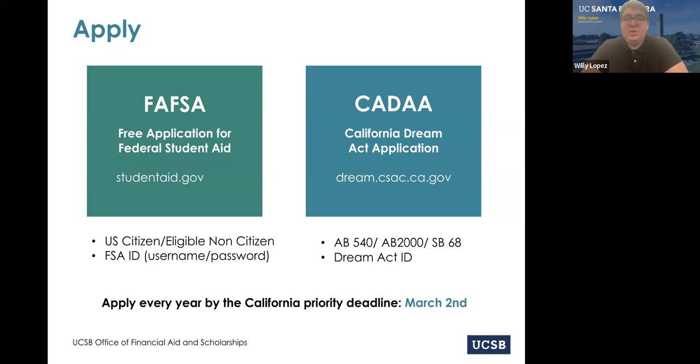They're eligible for just as many things as the FAFSA, except federal loans or federal grants. Instead, the California Student Aid Commission allows for other forms of financial aid. Both applications are due March 2nd, the California priority deadline.